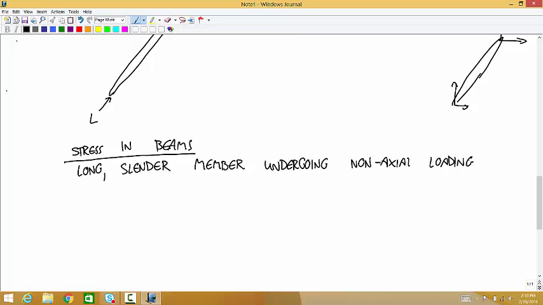There can also be axial loads, but there has to be some non-axial part. So there has to be couples or transverse forces or something like that. Axial forces are allowed too.